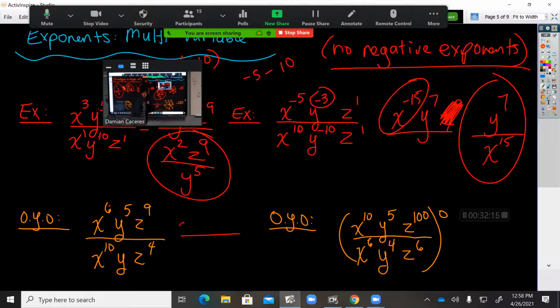So 6 minus 10 gives you -4. 5 minus 1 gives you +4. And 9 minus 4 gives you +5. Now the only negative exponent is the one on the x. So we do a fraction line and put that to the bottom to make that 4 positive. The other two are still on top, so they stay right here.